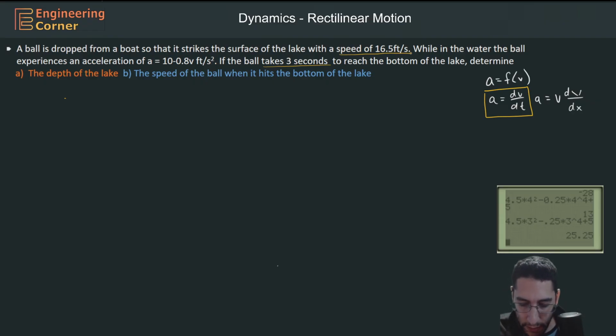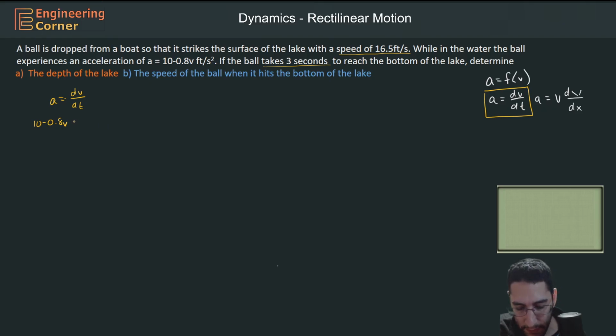So let's do this. My acceleration is equal to dv dt. And my acceleration is now 10 minus 0.8v is equal to dv dt. So what I want to do now is I want to separate and integrate just like I did in the last problem.